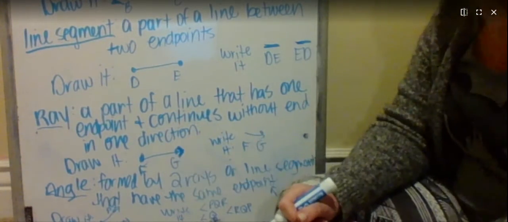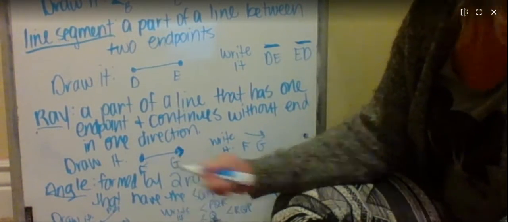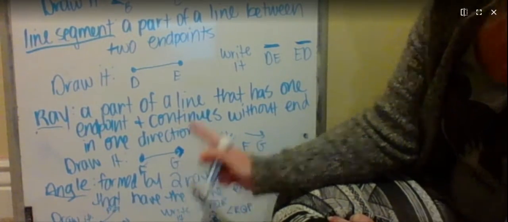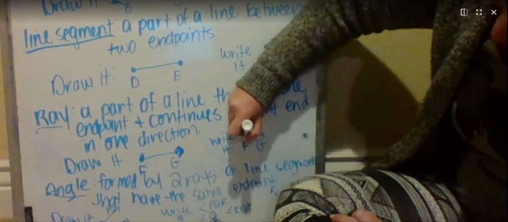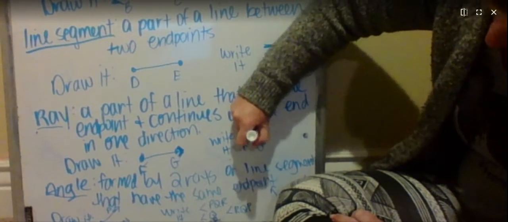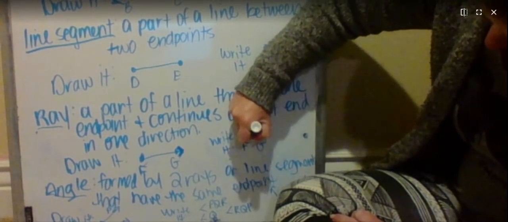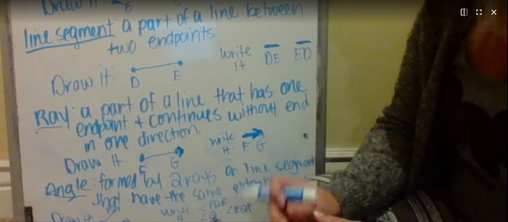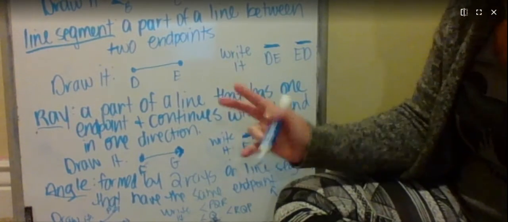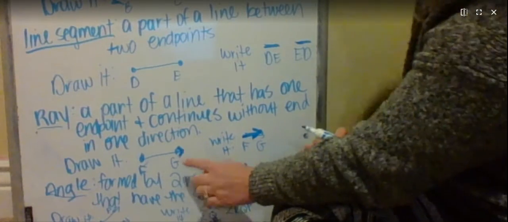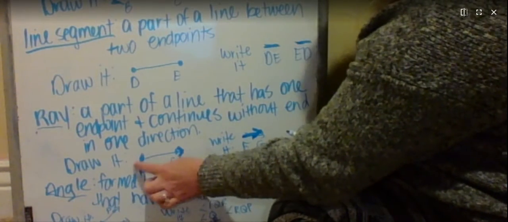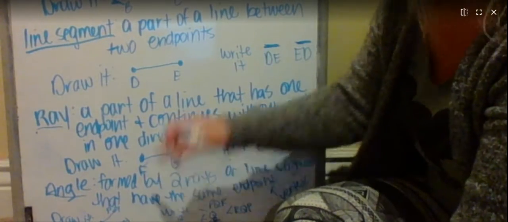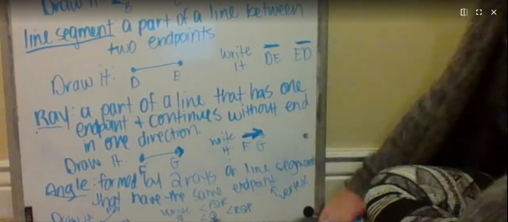I labeled that point G. You would say ray FG, and write it as a smaller ray, naming it FG. In this one you can't go GF backwards, because you have to start where your endpoint is. That's why I always like to say it left to right.